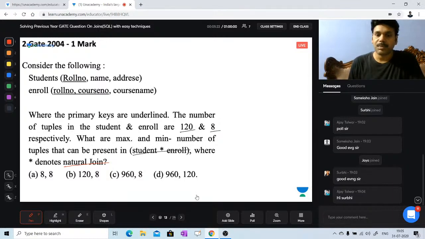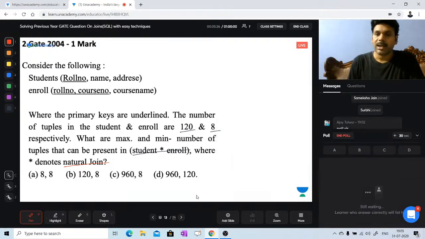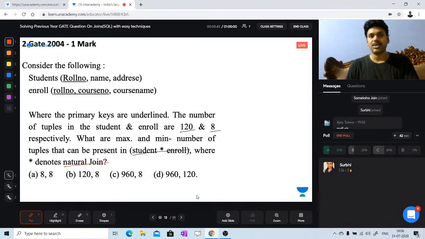So let us take the poll. I hope you have analyzed the question. Forty seconds left. Don't be in a hurry. Think properly. What will be the answer to this question? Use the shortcuts which I taught in the joins concept earlier. Use those shortcut tips.